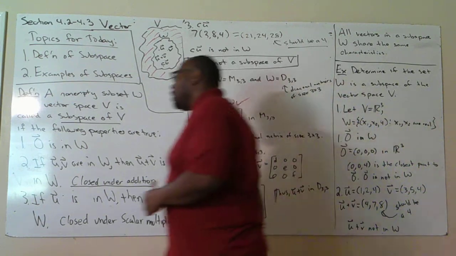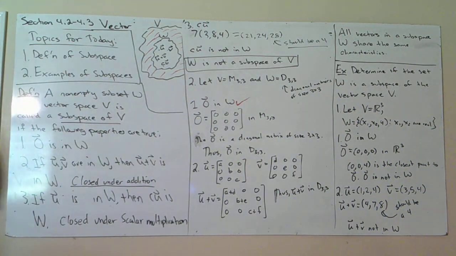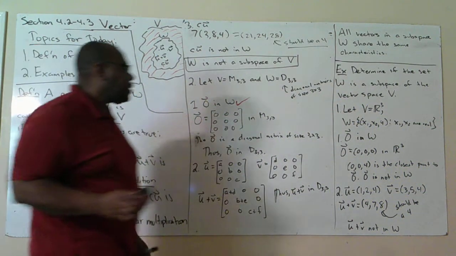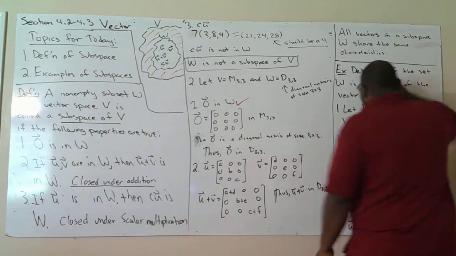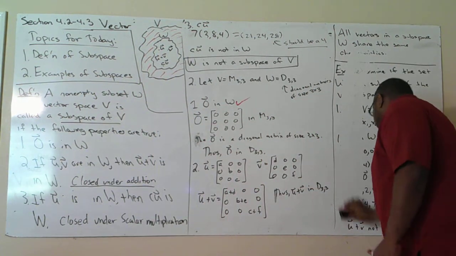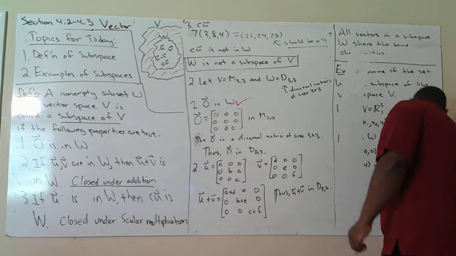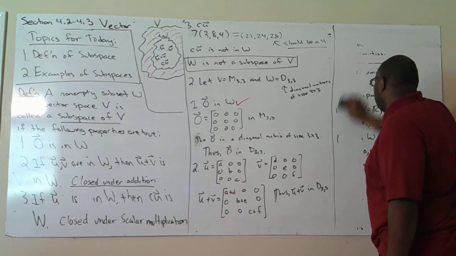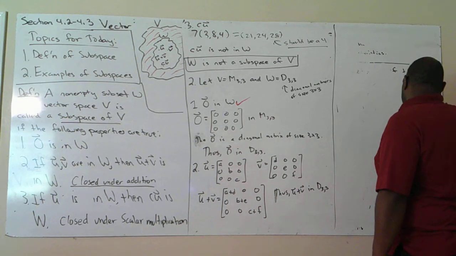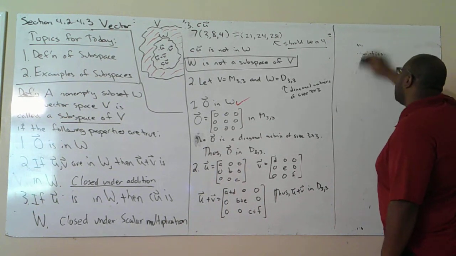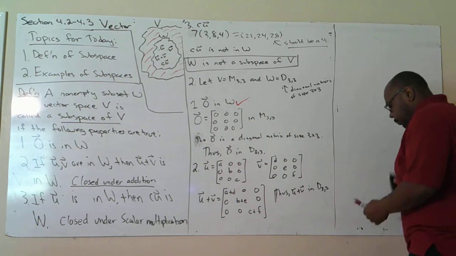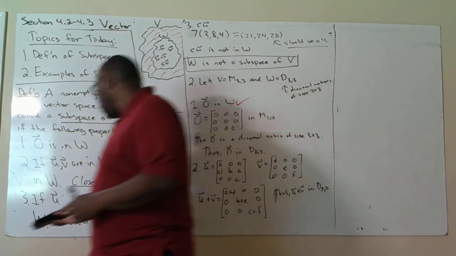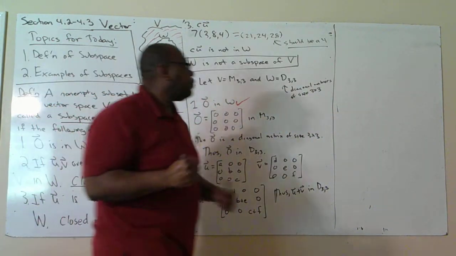And the last property is 3. When I do scalar multiplication, do I end up with a diagonal matrix of size 3 by 3? If U is a diagonal matrix of size 3 by 3.